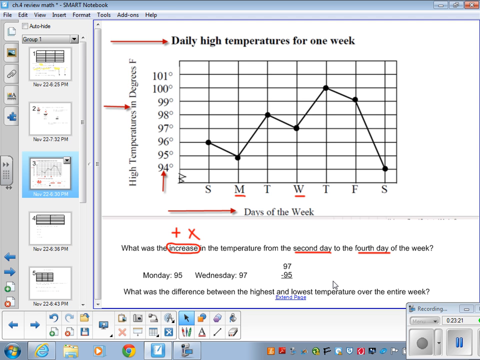They just wanted to know for this 1 week. So since they're small numbers, I just have to subtract. All right, 97 minus 95. Please pause the PowerPoint. Solve this problem, and then press play and see if you get the same answer as me.